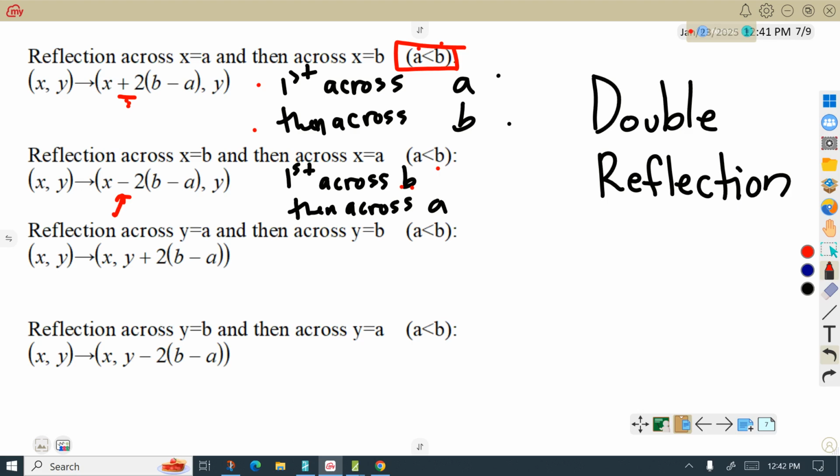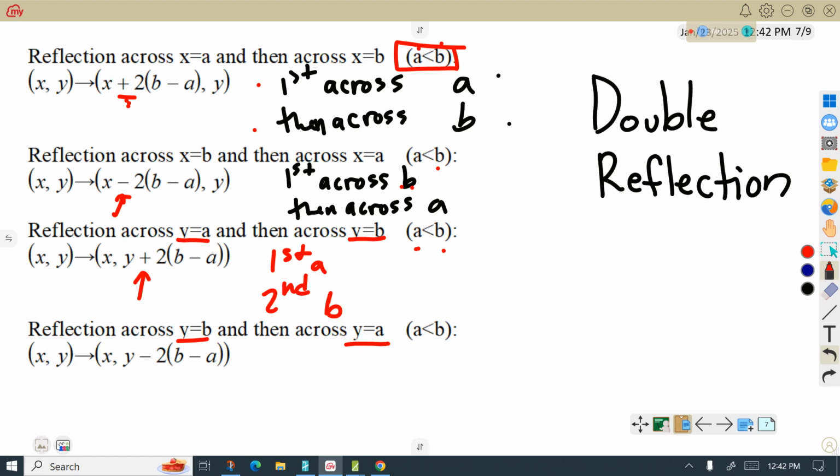Likewise, the same thing happens when we have y. The difference is that when we have y equals a and y equals b, my point is going up and down. Just like last time, I end up adding in the case that I go first across a and second across b, because again I'm doing the little one first and then the bigger one.